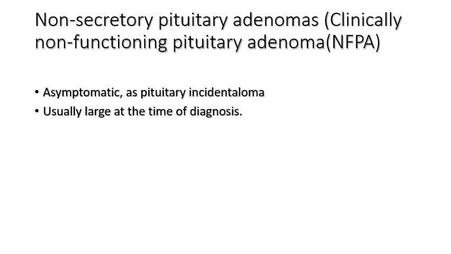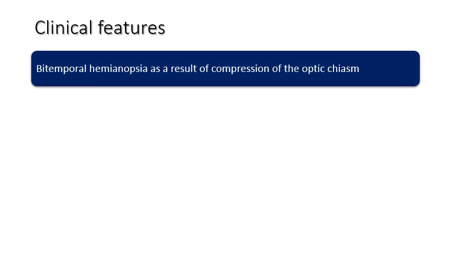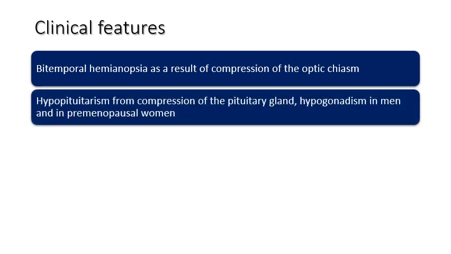So at the time of diagnosis, these tumors are often large, and the main manifestation is due to the pressure effect. The clinical features of non-functioning pituitary adenoma are simply due to the pressure effect of these tumors: compression of the optic chiasm from below resulting in bitemporal hemianopia, and hypopituitarism from the pressure effect on the pituitary secretory cells, resulting in either panhypopituitarism or simply hypogonadism in men and premenopausal women.